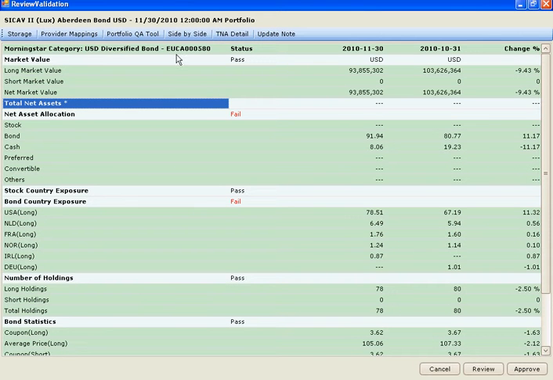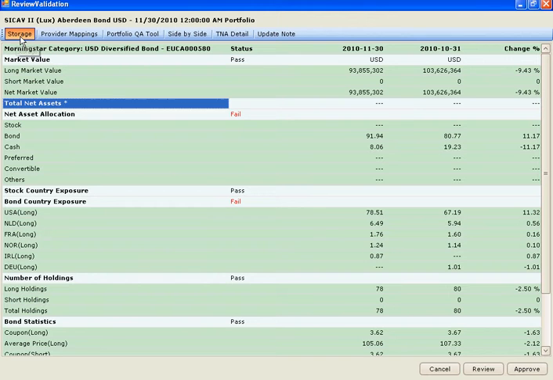Then we also check the file to verify whether these values are correct or not.